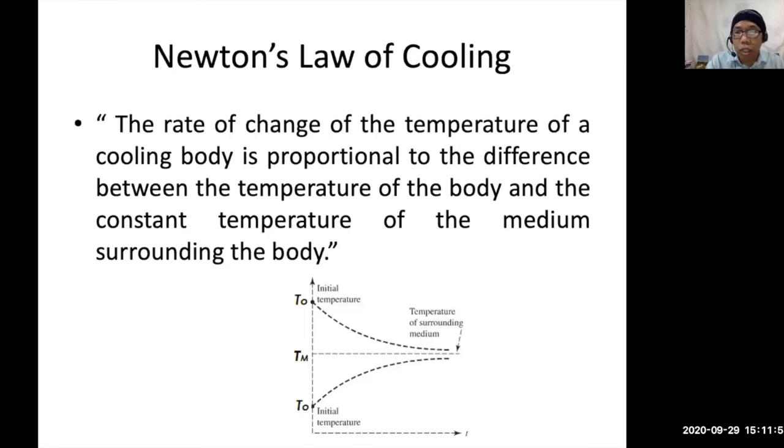So pag nilagay mo siya sa isang room na may constant temperature, if, for example, the temperature of that body or thing is less than the constant temperature, so if you put that body into a room with constant temperature which is higher, so mag-increase yung temperature, right?